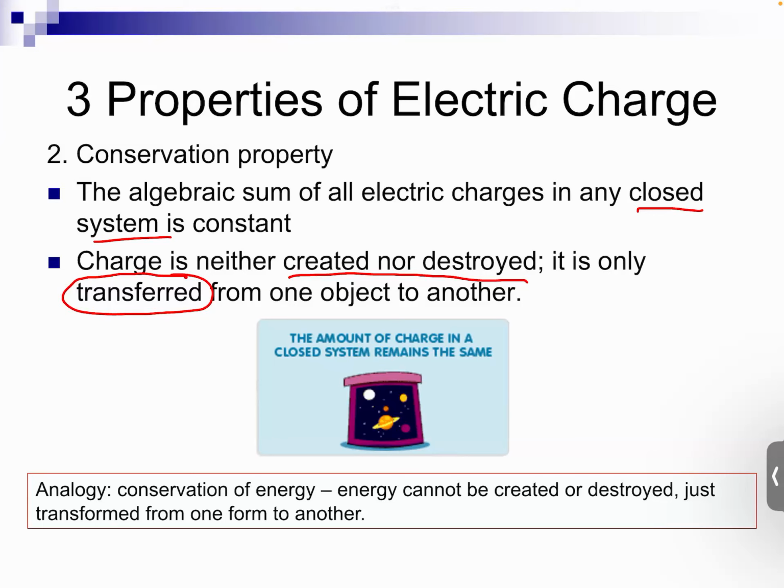If you have more electrons in the atoms making up this material, then we say that this material is negatively charged. But the negative charge in this material was not created. It was just transferred from some other object. And that's consistent with the conservation property, where you cannot create nor destroy charges.